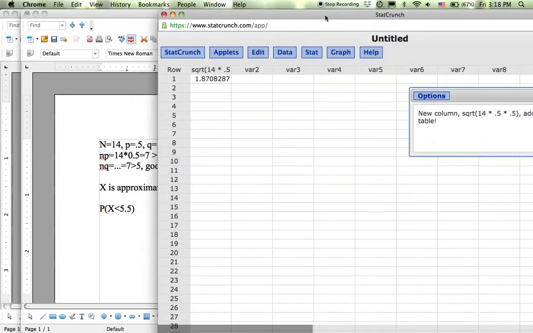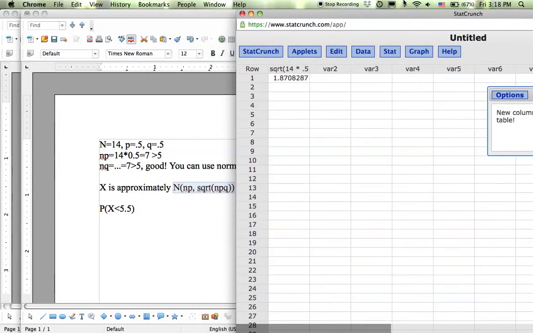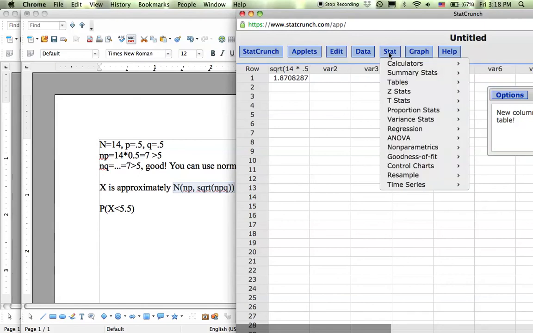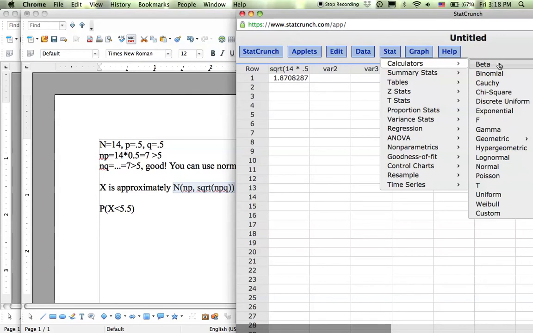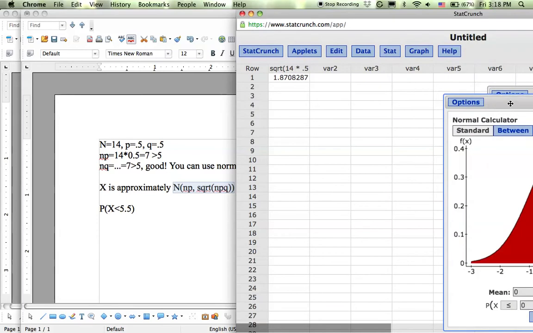Then you have your distribution ready. You also know you need the probability for x smaller than 5.5. So what you do, you can go to the stat calculator's normal to get the normal probability.